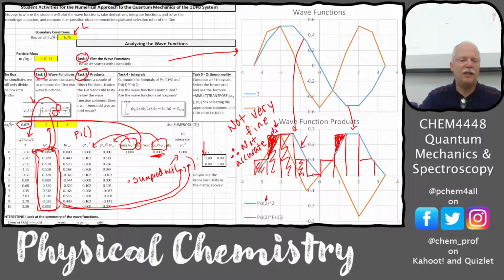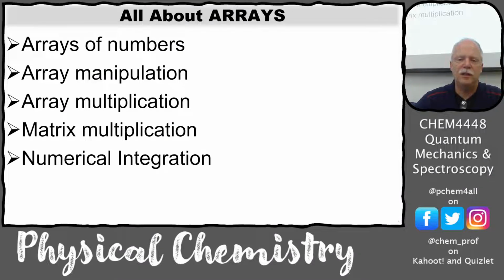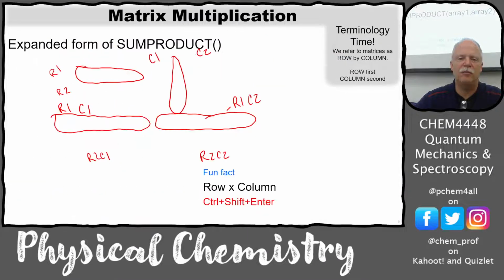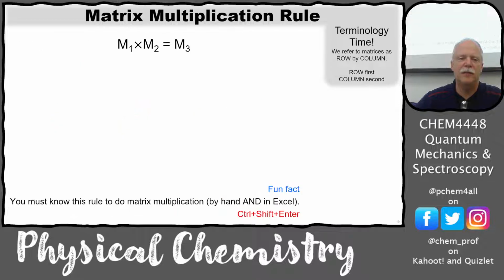So I took these guys, I transposed them, and then I put them in MMULT with these 2 columns untransposed, hit Control-Shift-Enter, and I got 1, 0, 0, 1. Those are the integrals of those 2 wave functions in all combinations. So let's go back to look at the matrix multiplication rules, because there are some restrictions on multiplying matrices.